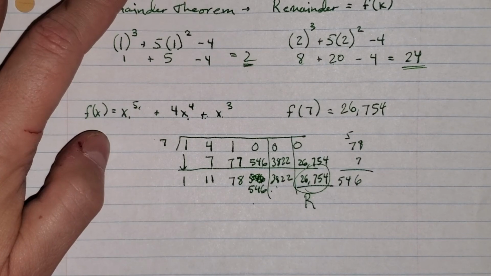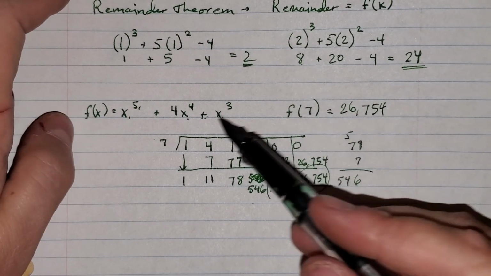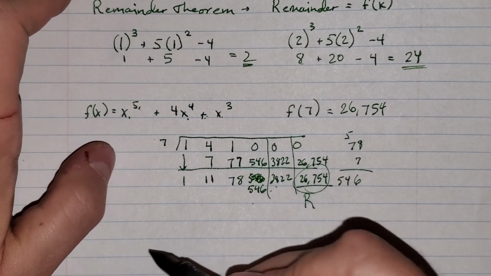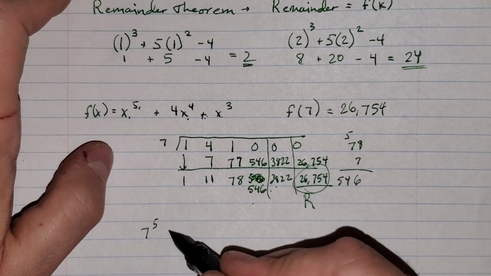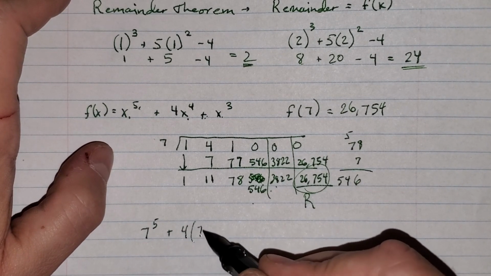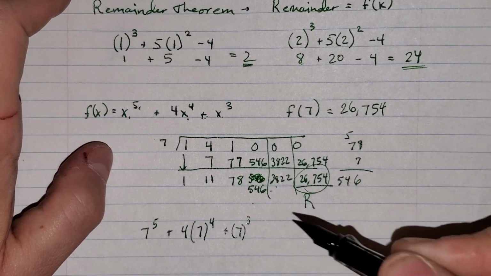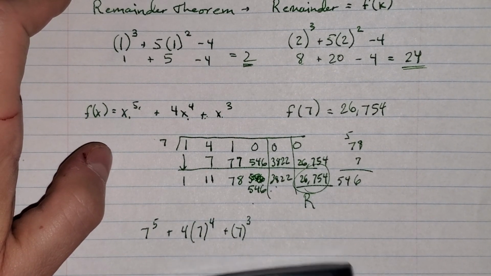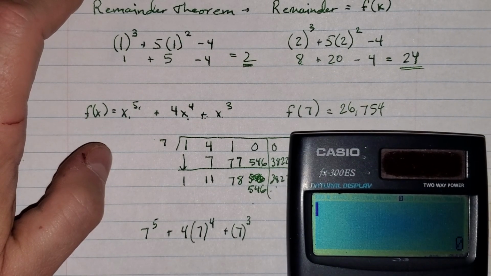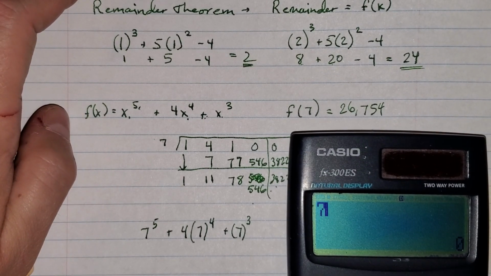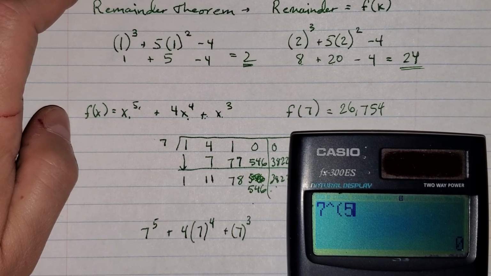Okay, now I'm going to take this equation and I'm going to plug in 7. So 7 to the 5th plus 4 times 7 to the 4th plus 7 cubed. I'm literally going to put my calculator up here and show you that I'm going to type that. So I'm going to say 7 raised to the 5th power plus 4 times 7 to the 4th power, right?